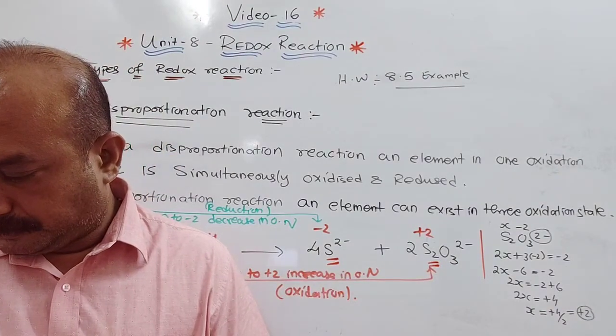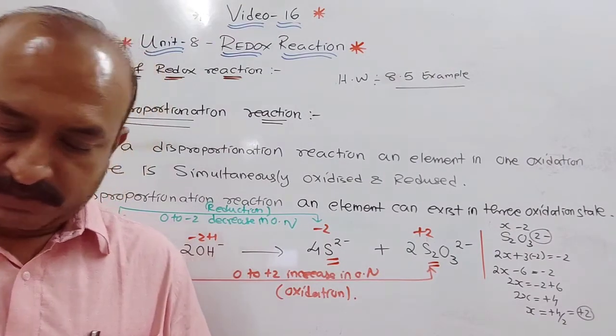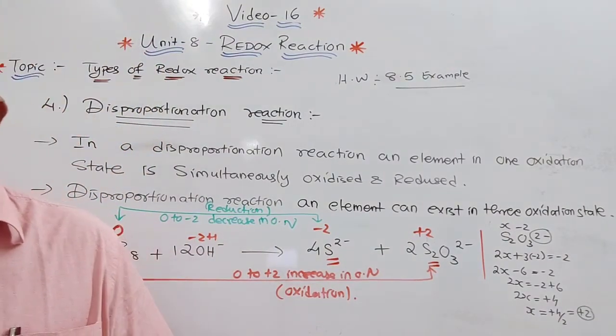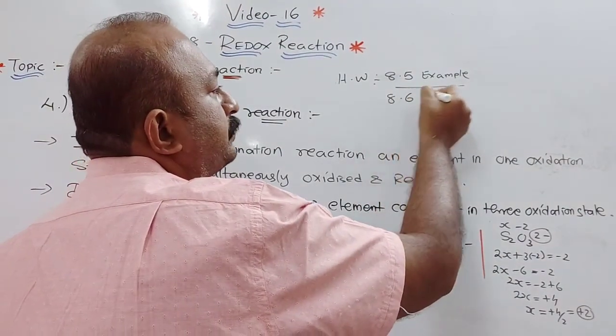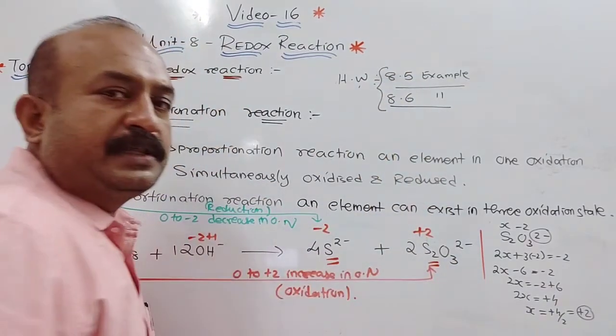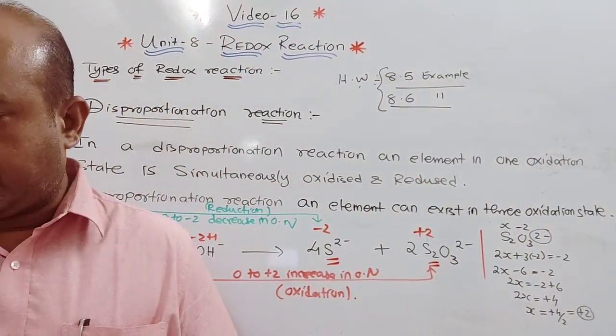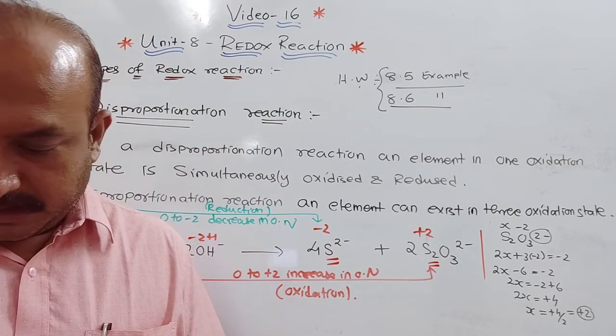Then problem 8.6 is also there, that is also homework. There you have to identify which one is a redox reaction. So 2 homeworks are there. You can do it by yourself, it is easy. And if there is any doubt or any problem, you can ask.